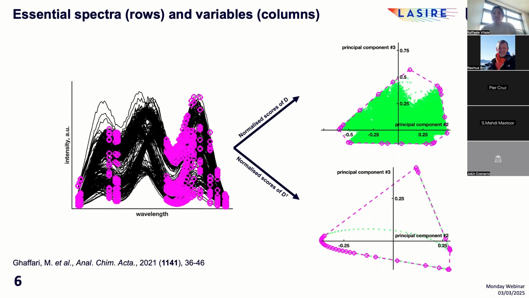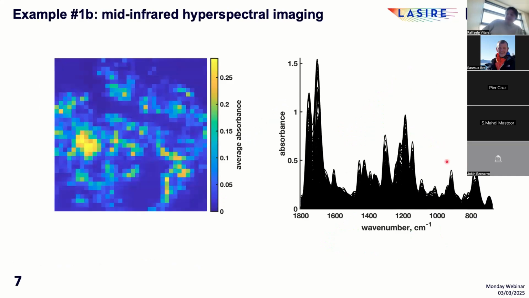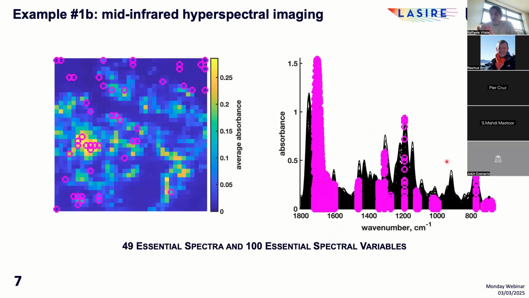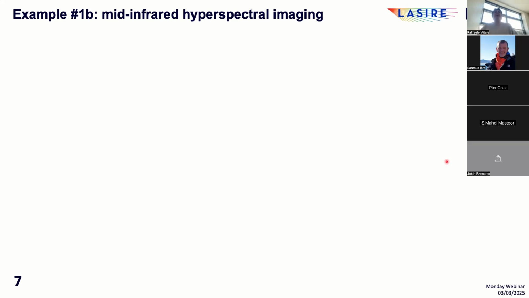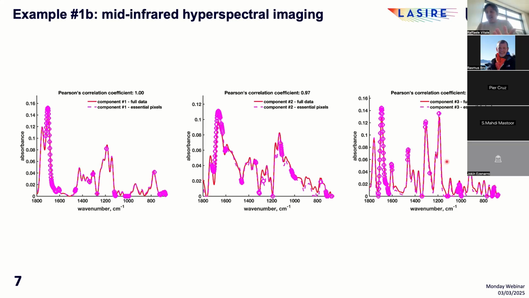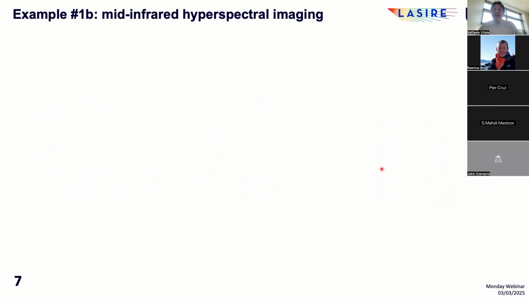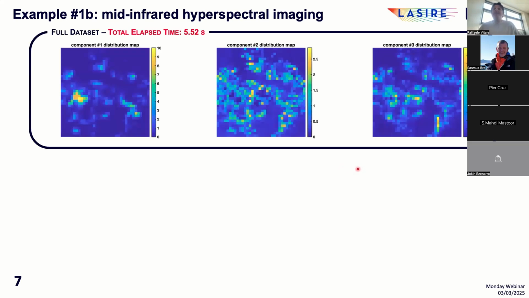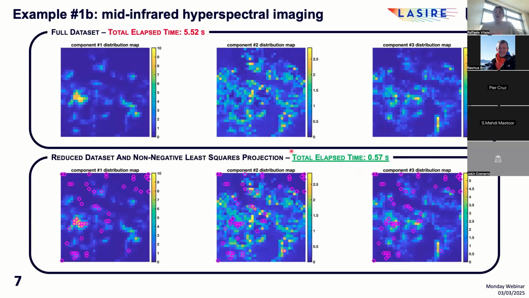And if I consider the same example I showed you before, by such a joint selection, I can accelerate even further the MCR-ALS analysis of my hyperspectral image as shown here, obtaining once again virtually indistinguishable spectral unmixing outcomes.